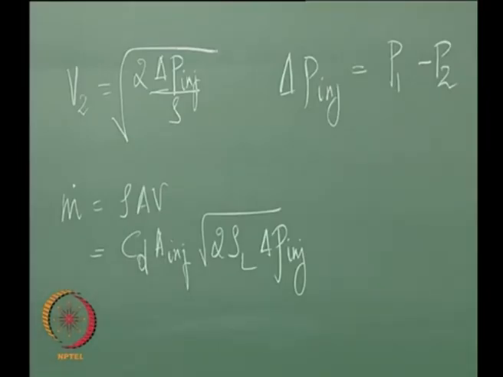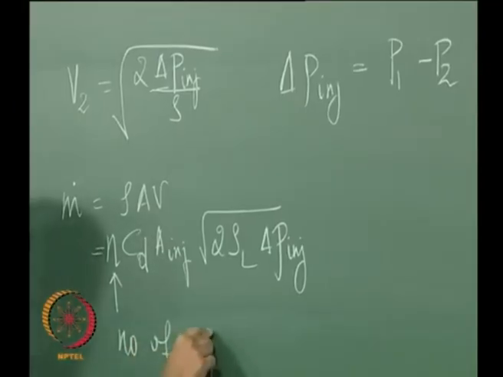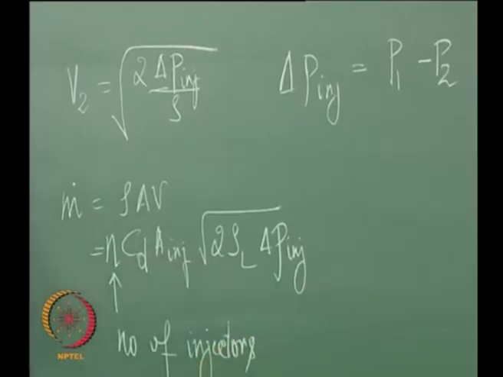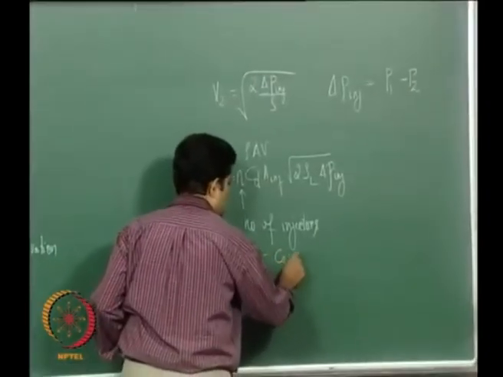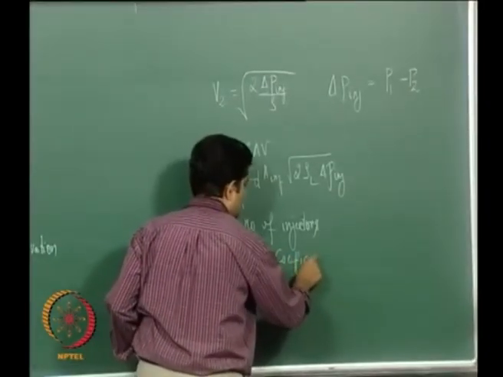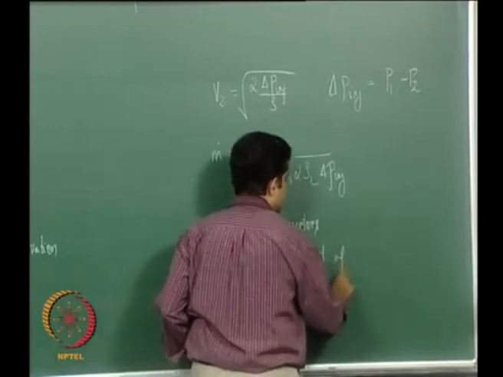So, you need to multiply it by n. This is nothing but the number of injectors, and CD is the coefficient of discharge.